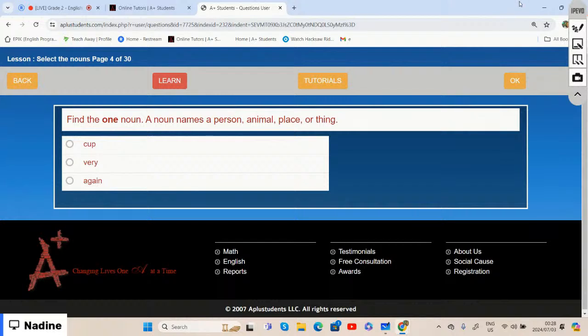All right. And if we were to choose the correct option, which is a noun, then we will go with option one. And cup is correct and it names a thing. Things that we drink out of, like your cutlery and so on, we call those things, right? So well done.